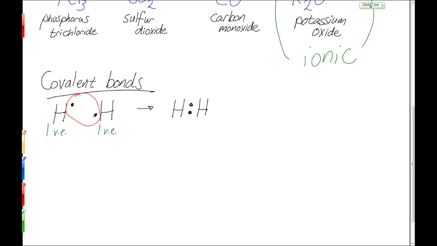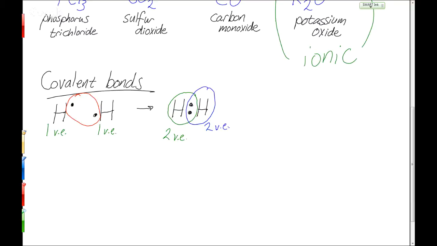Now that they're together, those two valence electrons count in both atoms. So we say that this hydrogen atom has two valence electrons, and also this hydrogen atom has two valence electrons. Those electrons count for both of them.